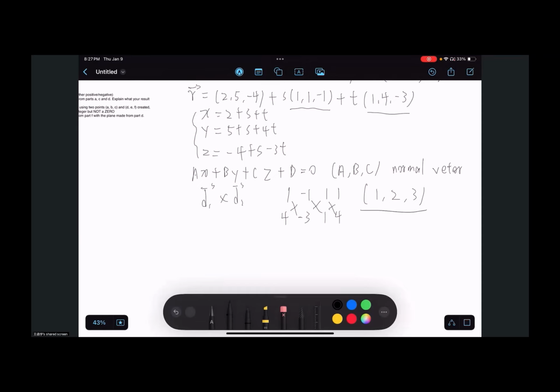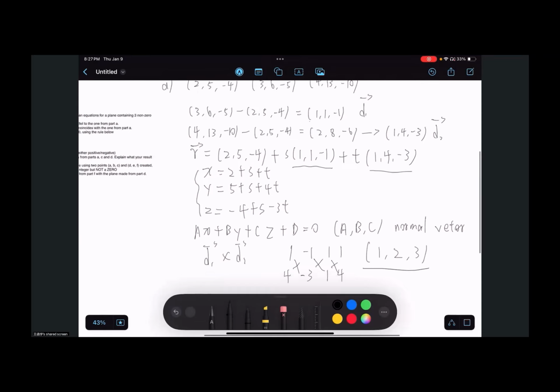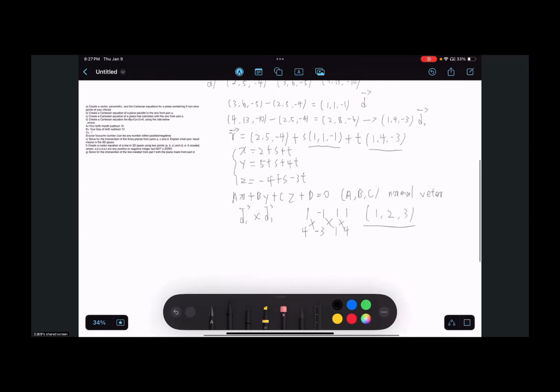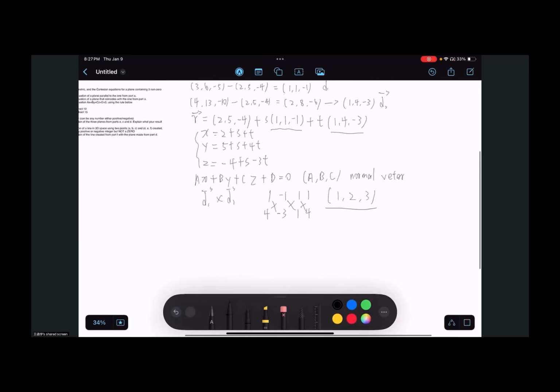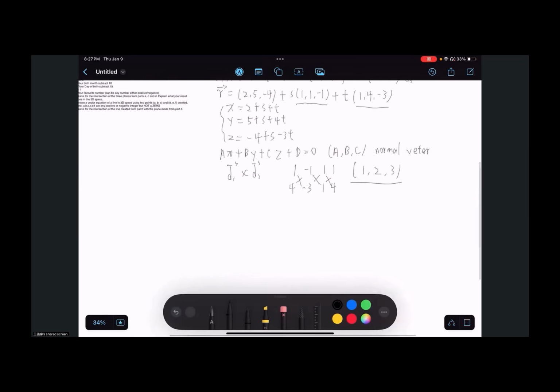So this is the normal vector for the plane. And so we got a is 1, b is 2, c is 3.